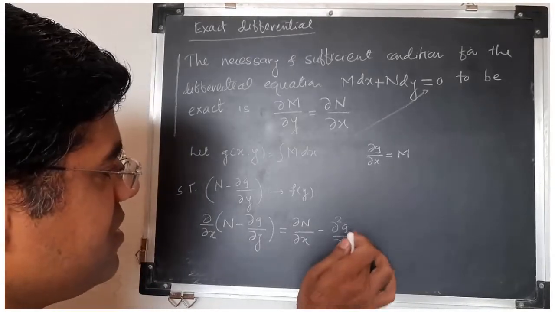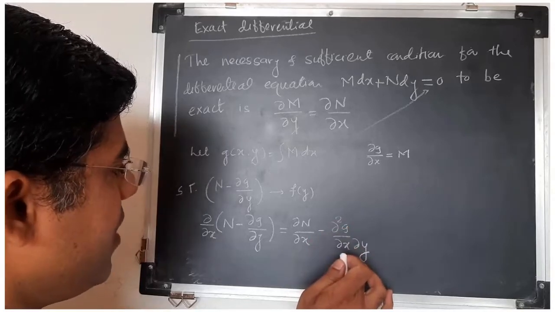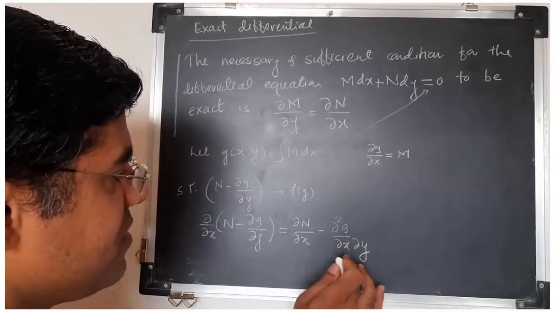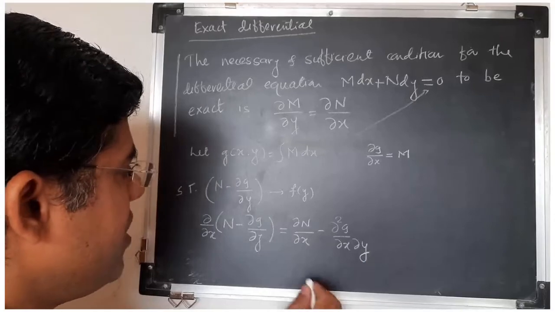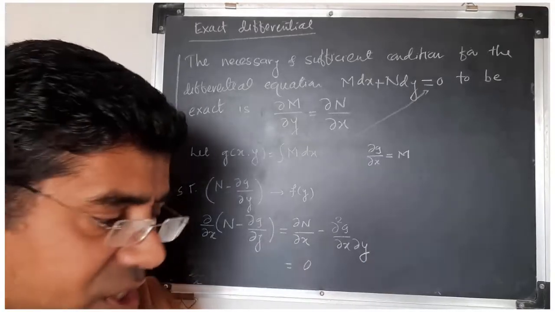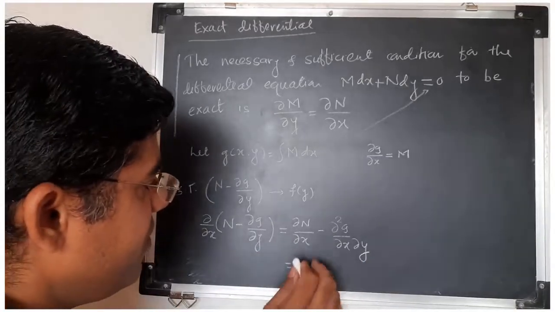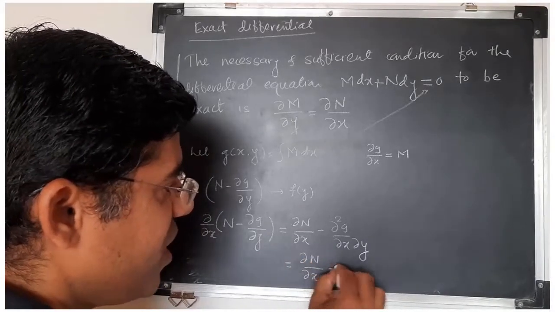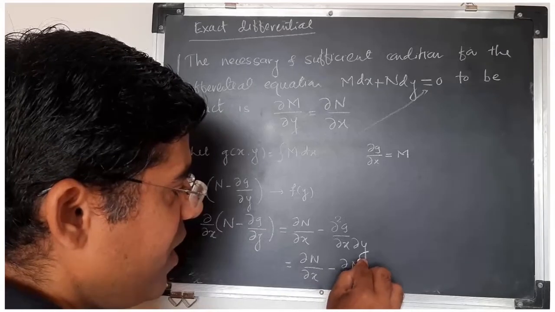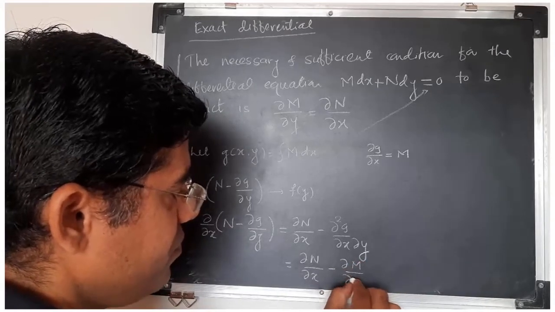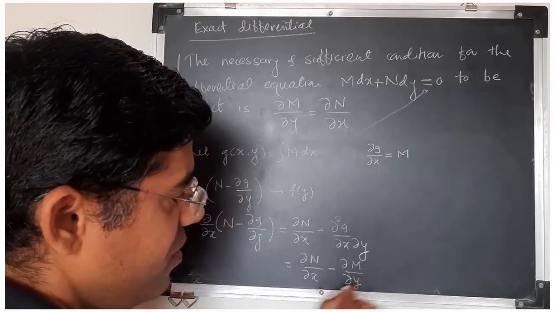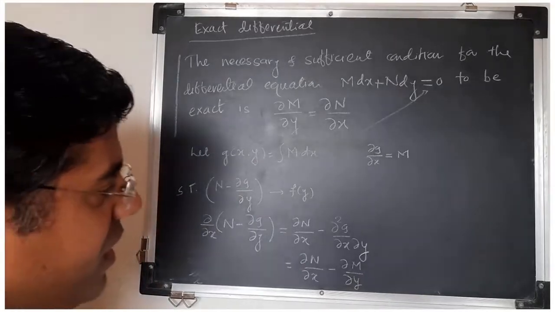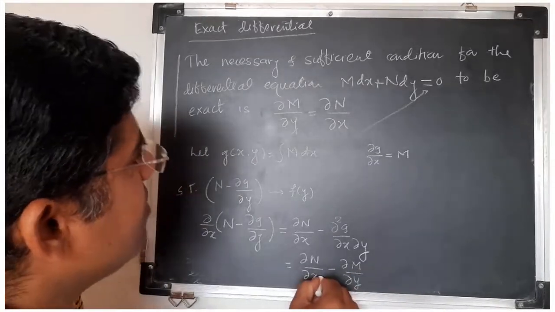Suppose this is commutative, so ∂g/∂x. So this is similar to 0, because for the given function I can write ∂N/∂x minus ∂M/∂y. Okay, so this is nothing but 0.